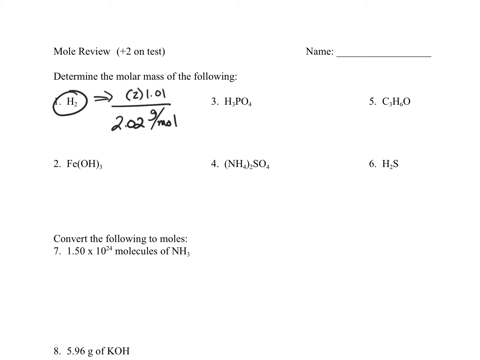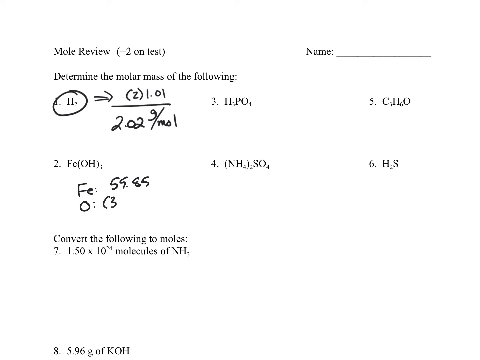Okay, the second question is iron(III) hydroxide. This 3 indicates that the charge on iron would have been +3, so the name iron(III) hydroxide is for the compound Fe(OH)3. If you look up iron, 55.85, and there is only 1 of them.